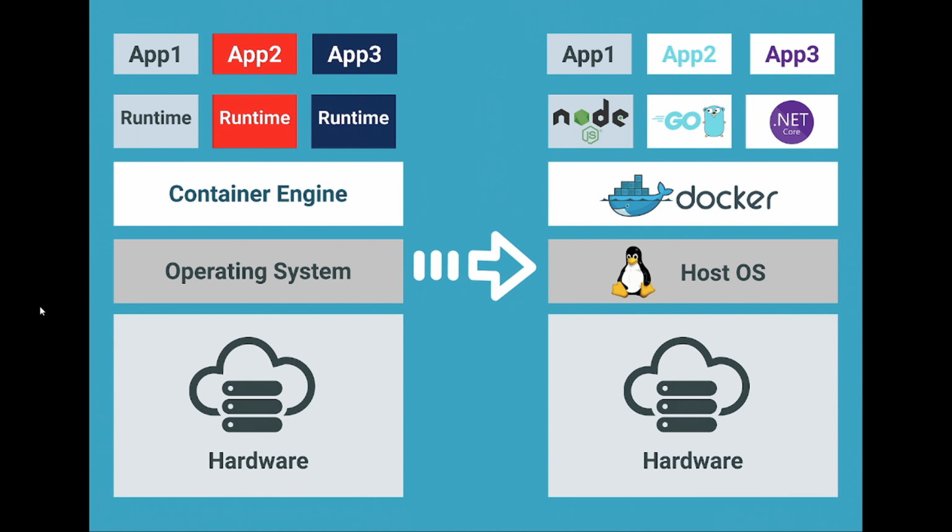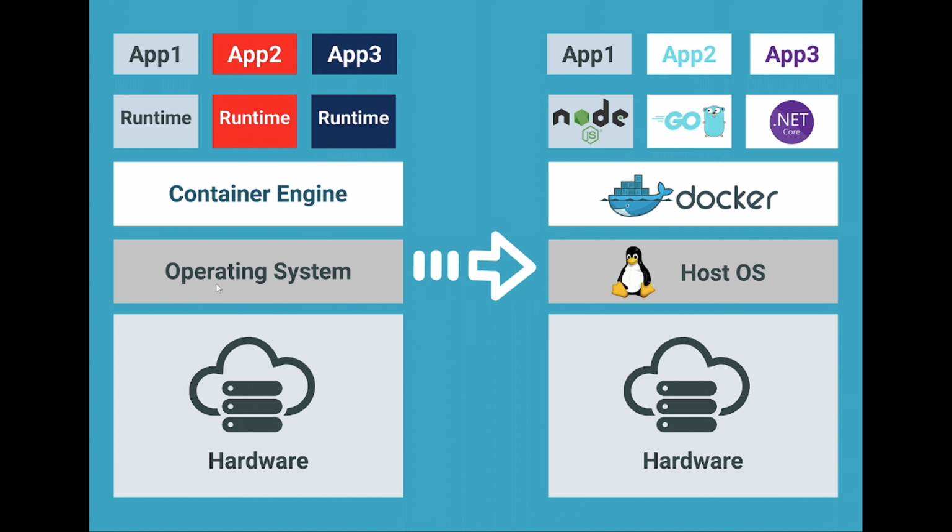In this diagram, it is clearly defined. Let's suppose we have three containers. One is app1, one is app2, and a third one is app3. Every container has its own runtime environment, right? Because all containers run on a Docker engine, a container engine, and you can see we have only one operating system, one hardware.